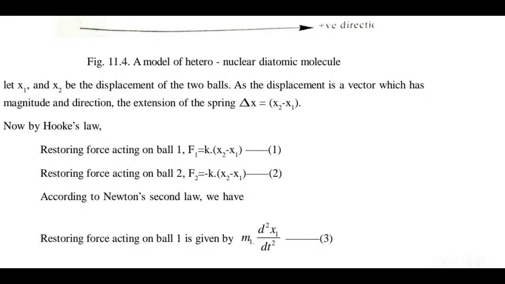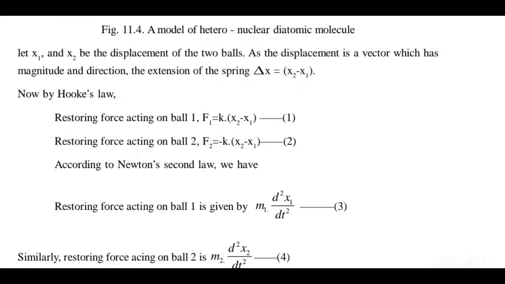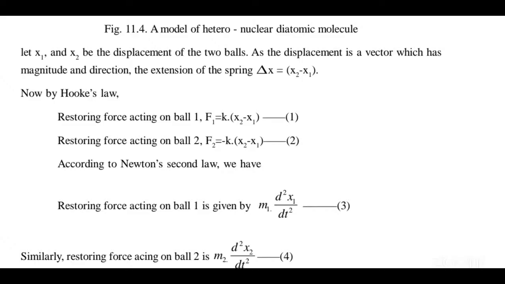Now Hooke's rule is applied to the restoring force acting on ball 1. In this case, we are taking two balls: ball 1 with mass m1 and ball 2 with mass m2.